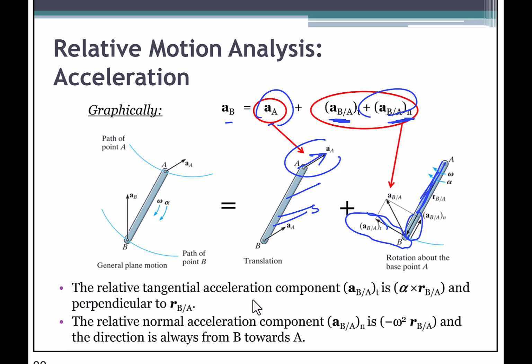So the relative tangential acceleration component is acceleration in the angular sense. This is the angular acceleration cross product with the position vector of B with respect to A, and perpendicular to r of B with respect to A. So these are the absolute magnitudes.